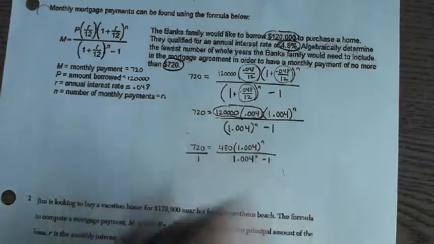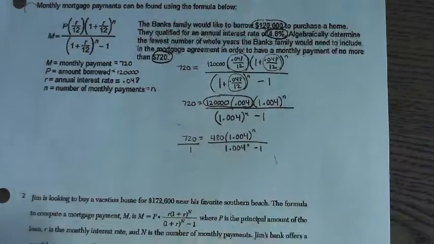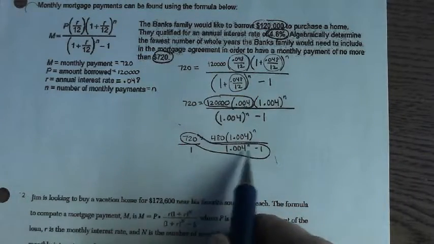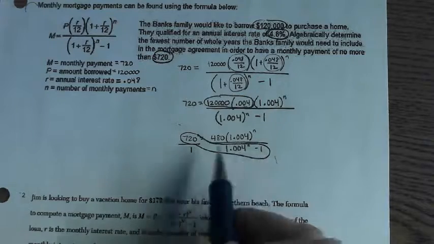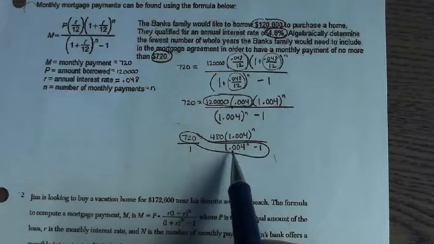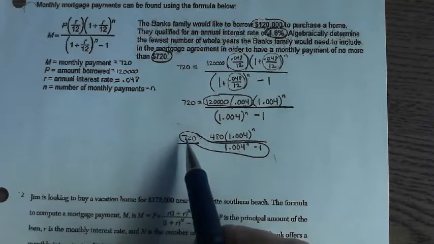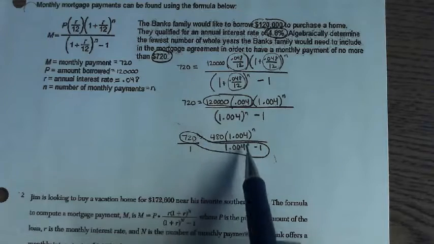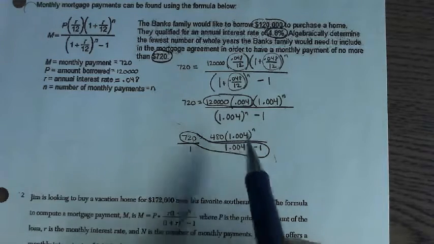So I'm almost just going to like cross multiply. So when I multiply 720 times this binomial, I have to distribute. 720 times this first term, though, I can't actually do 720 times 1.004 because there's an exponent attached to that 1.004.